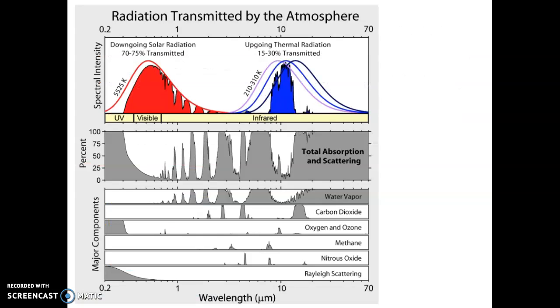This diagram gives you a visual relationship between the range of different frequencies that get transmitted by the atmosphere. If we look at the infrared range here, and we look at the visible range and ultraviolet here, this gives you a measure of the amount of emission. Now, these are all the different gases.